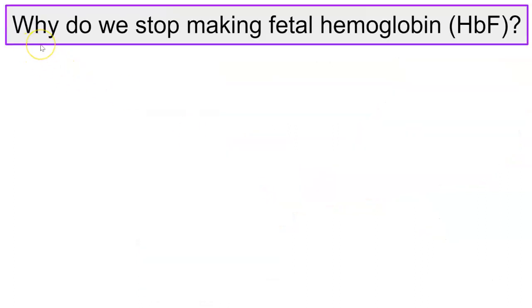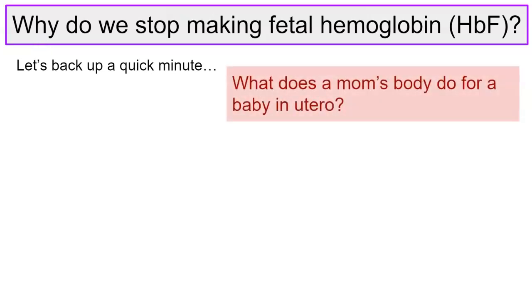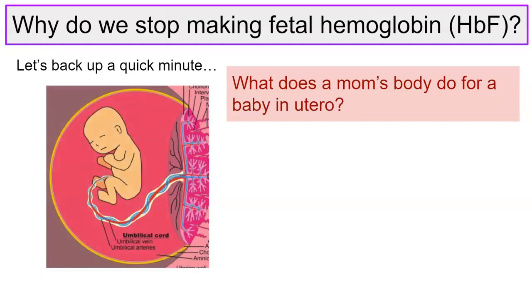That's working in a perfect world. So why, if we have this totally functional, normal hemoglobin when we're in utero, do we stop making it? To answer that, let's back up a hot minute. When a baby's not yet born, what does the mom's body do for that baby in the womb? Everything.